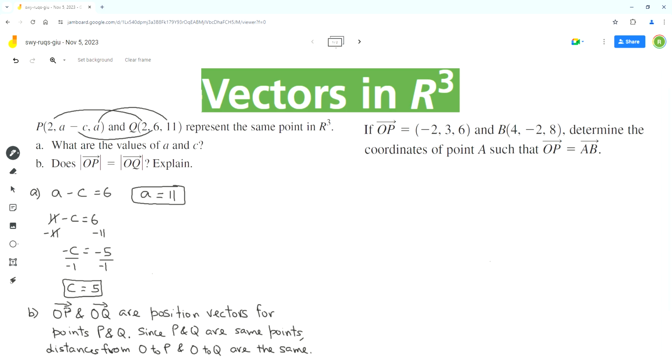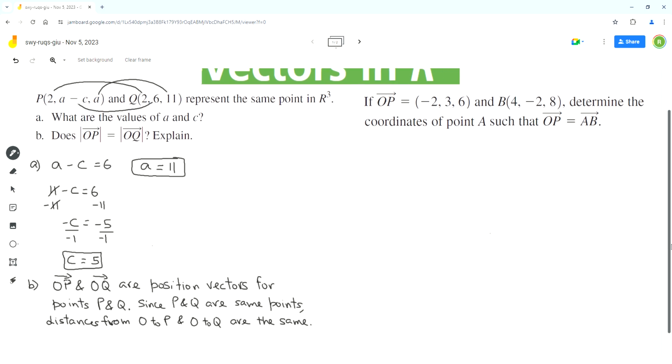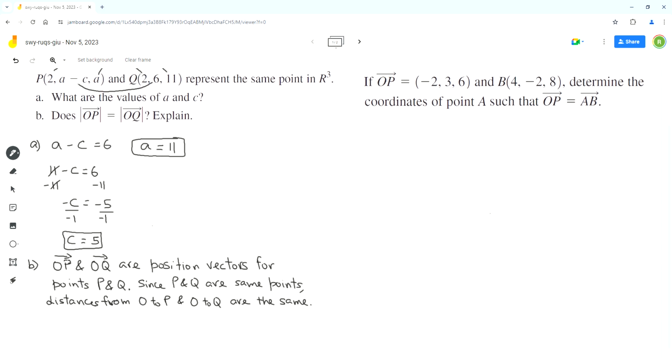So therefore, this is how you can present your answer for part B.